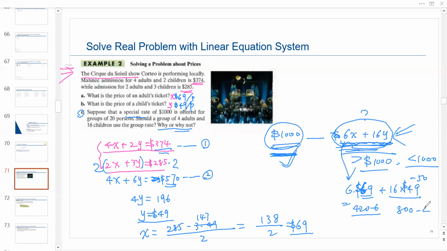Minus 16. So total cost is what? Quick calculation here: if $70, here is 420, you minus 6, right? If $50, you got $800. 16 here, you got 800 minus 16.